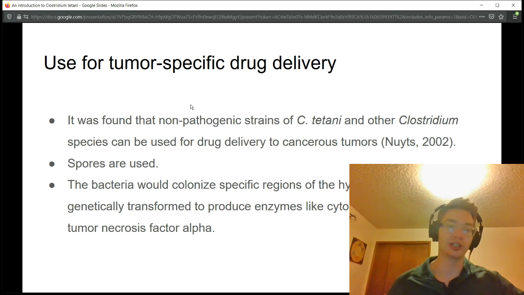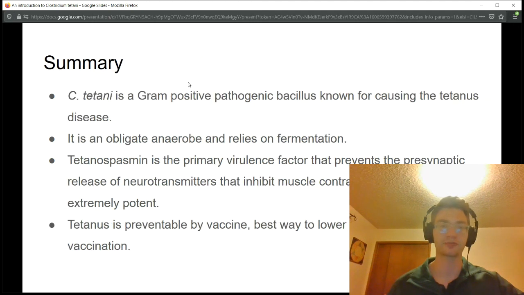This is where spores are used to colonize the specific regions of hypoxia and can be genetically transformed to produce enzymes like cytosine deaminase and tumor necrosis factor alpha. That's a cool use that I don't know how much it's used or if it's used at all, but it's an interesting area of study.